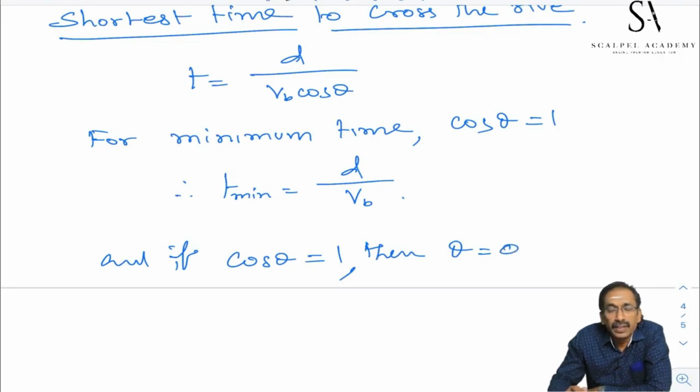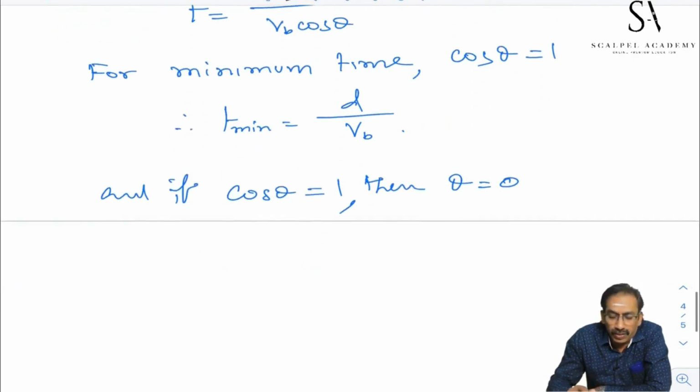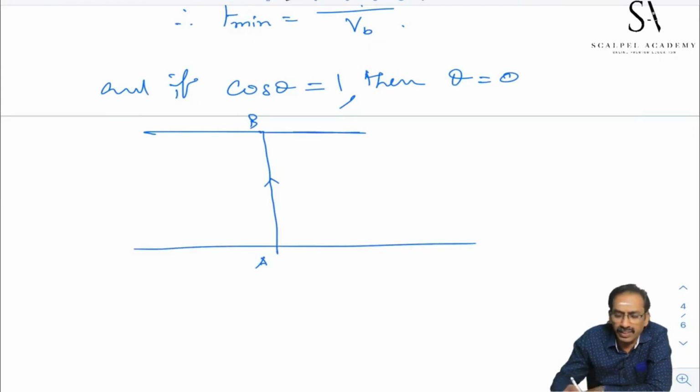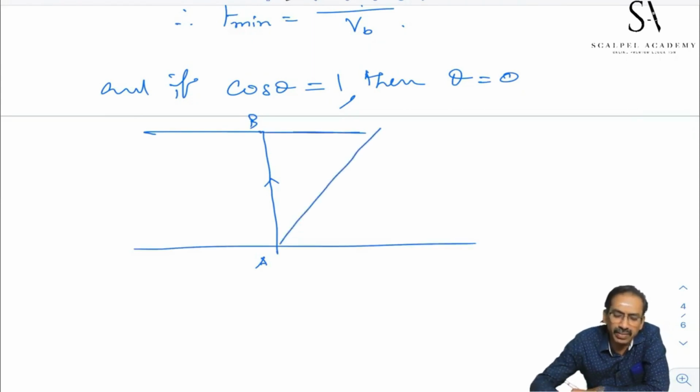It means the angle made with the vertical must be 0. Therefore, the boat has to be rowed in the vertical direction, AB direction, but the resultant direction will not be along AB. Its resultant direction will be along the AC direction.